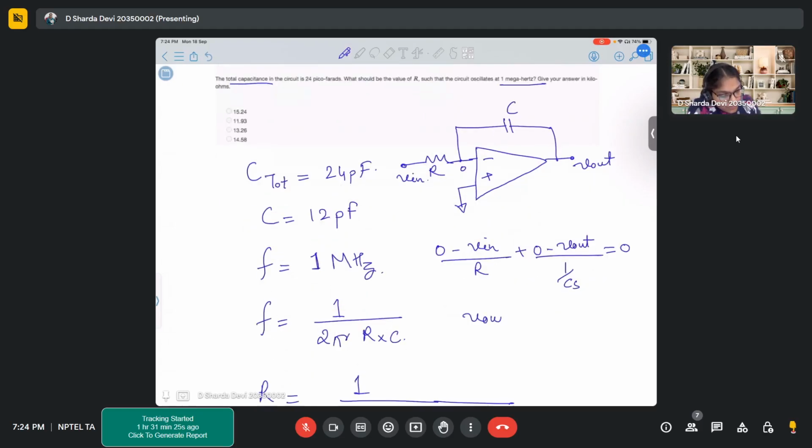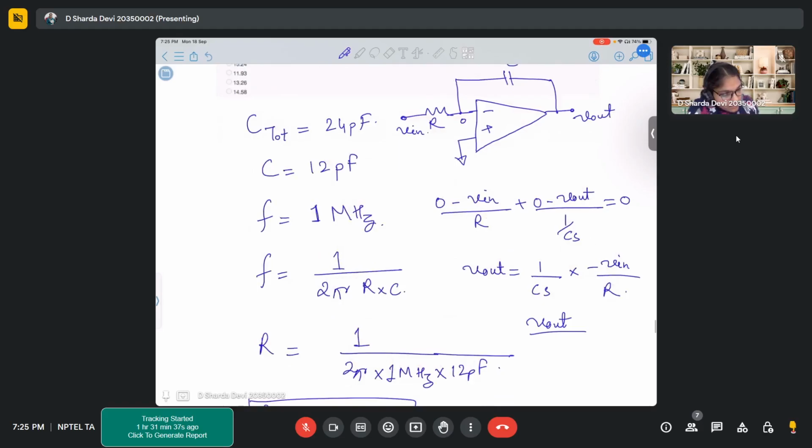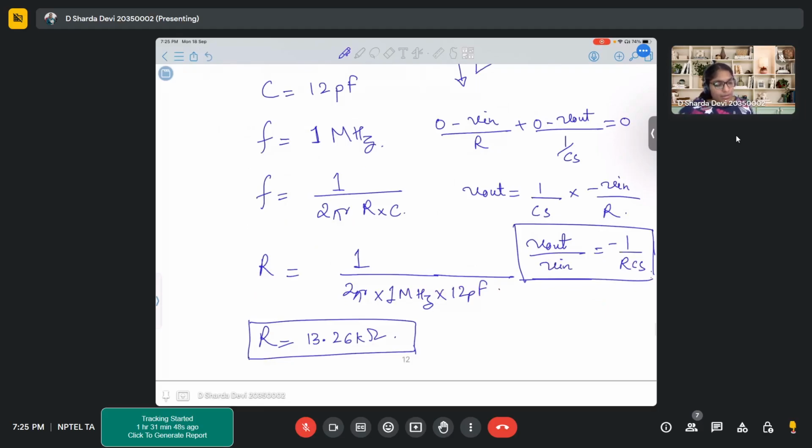So Vout is 1 upon Cs into minus Vn by R. So Vout by Vn is minus 1 upon RCs. Right? So the transfer function is minus 1 upon RCs.